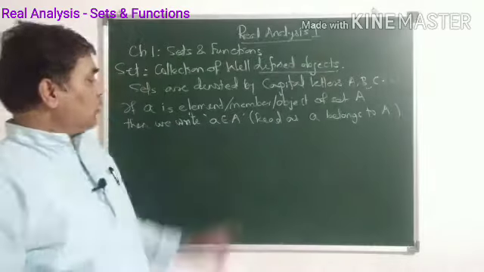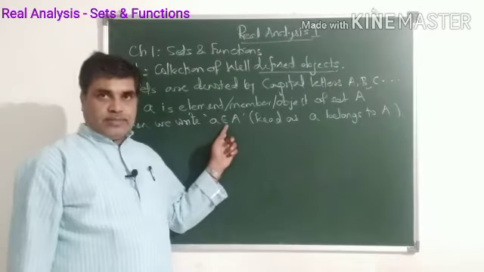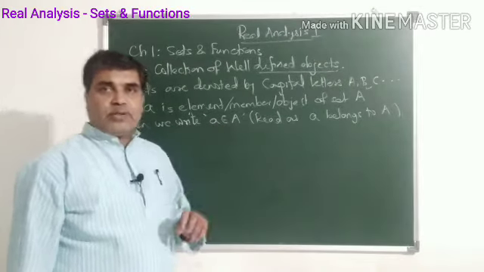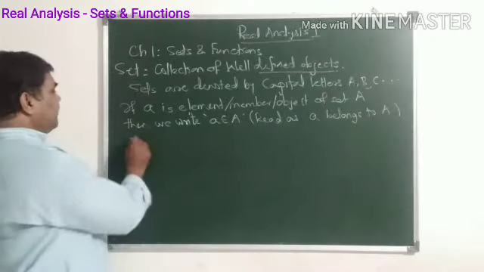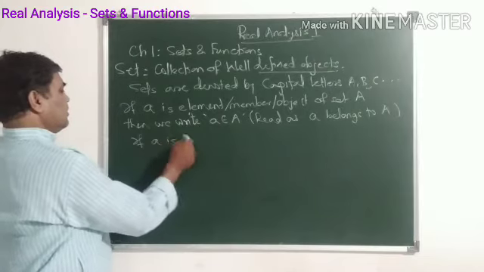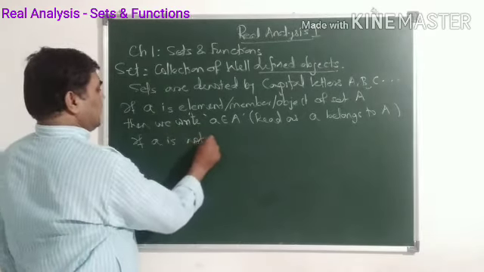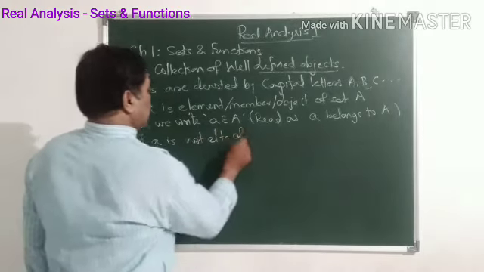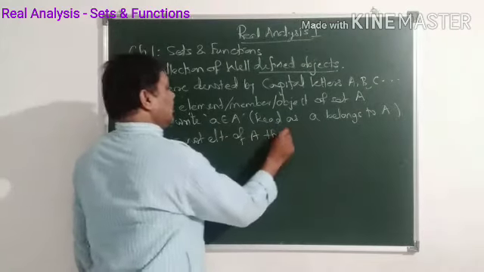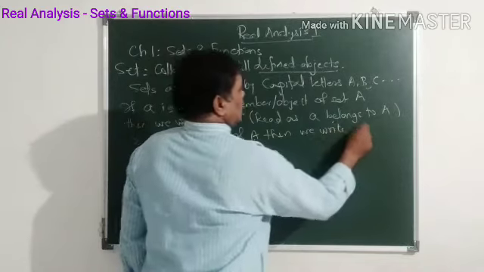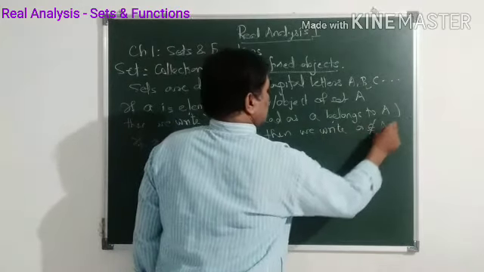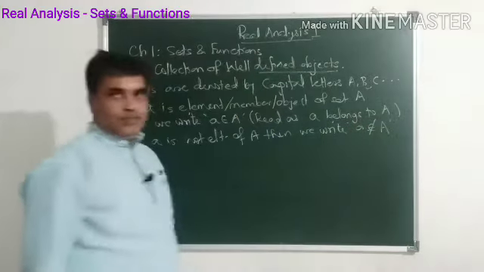For that purpose we are going to use the epsilon notation. But here epsilon stands for belongs to. If a is not an element of A, then we write a doesn't belong to A. This is well familiar to you.